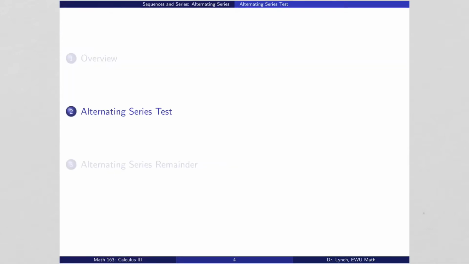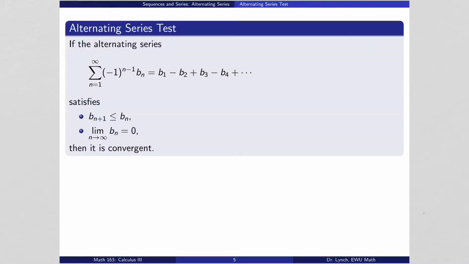So a test for convergence of an alternating series. Here's the test. If you have an alternating series that satisfies b sub n plus 1 is less than or equal to b sub n, and the limit as n goes to infinity of b sub n is 0, then the alternating series is convergent. Now, this first condition is our familiar condition that the positive part of the series be decreasing, and as we know, there are lots of ways to show decreasing.